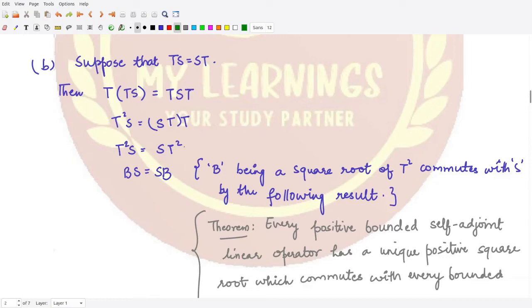From here, if you remember, B was the square root of T square. If T square commutes with S, then B would also commute with S.